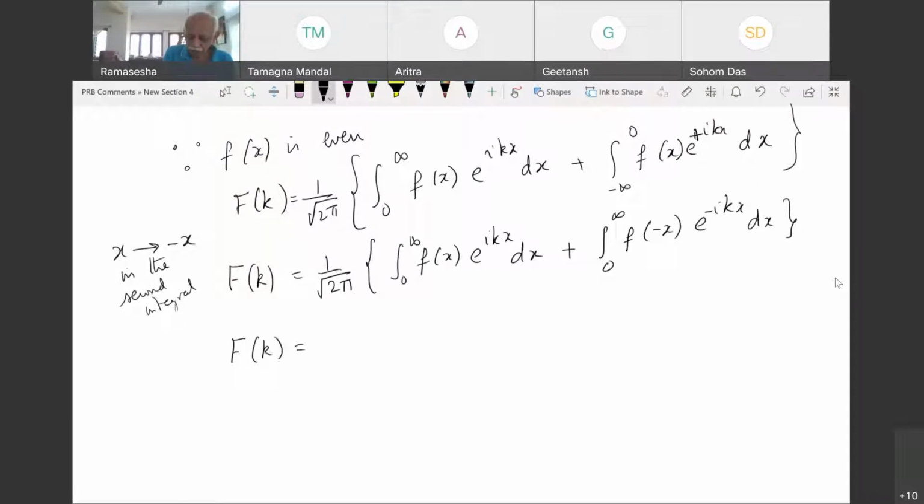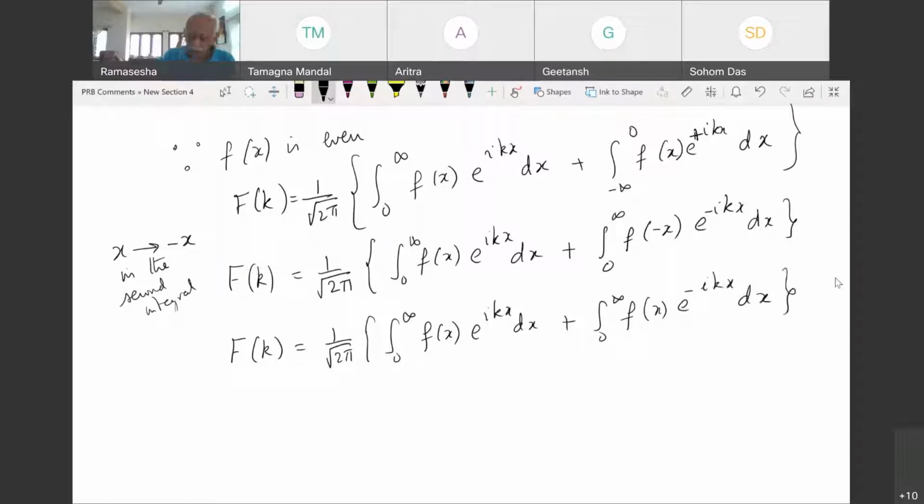1 upon square root of 2 pi, integral 0 to infinity f of x e to the ikx dx plus integral 0 to infinity f of x e to the minus ikx dx. So as you will see, the integral from 0 to infinity of f of x e to the ikx dx is equal to 1 half of F of k, right?